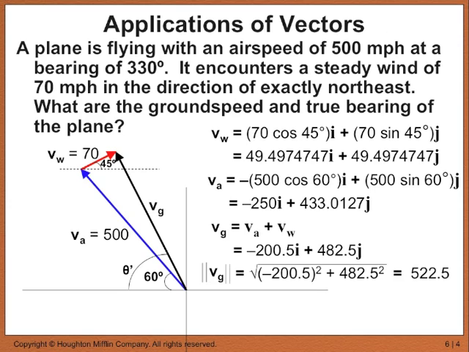All right, so magnitude of V sub g equals square root of negative 200.5 squared plus 482.5 squared, and we get 522.5. And theta prime, remember that to get the bearing we want to find theta prime first, since it's easy to work with acute reference angles. And so theta prime equals arctan 482.5 over 200.5.